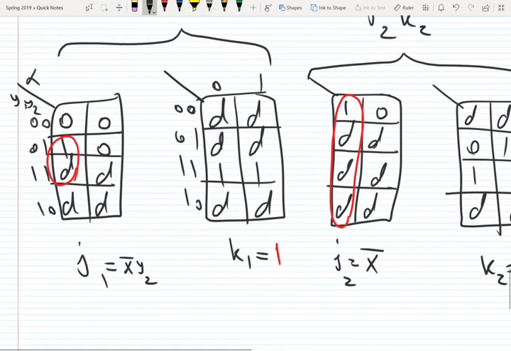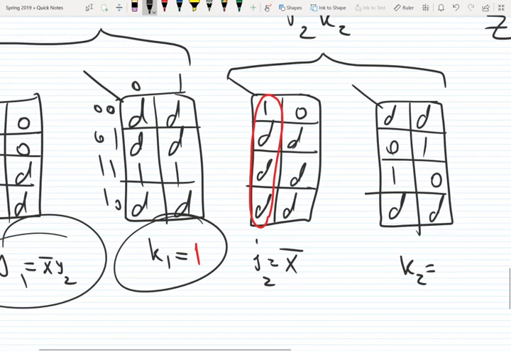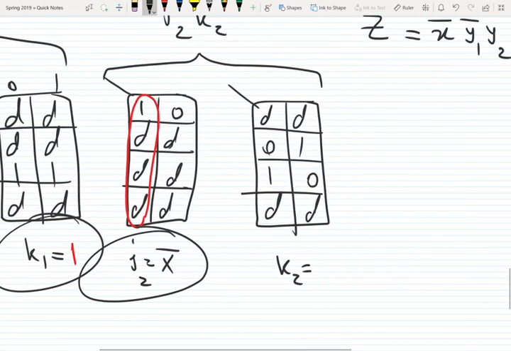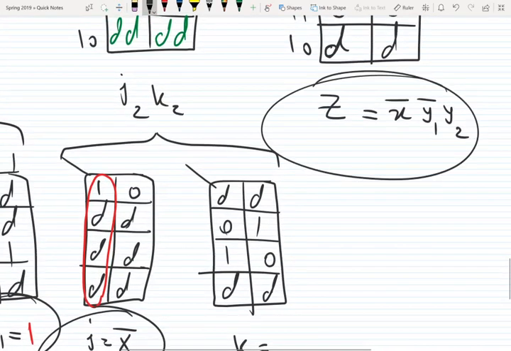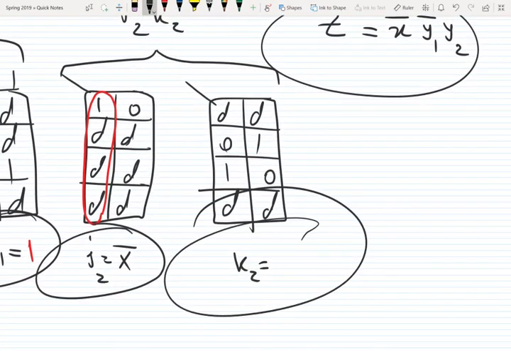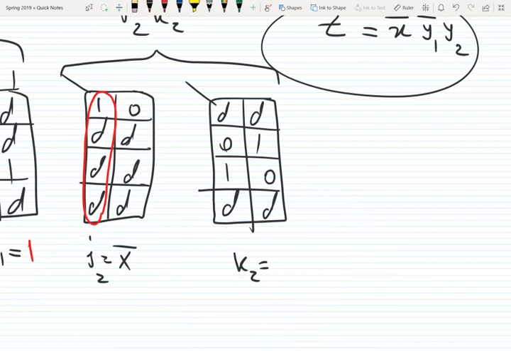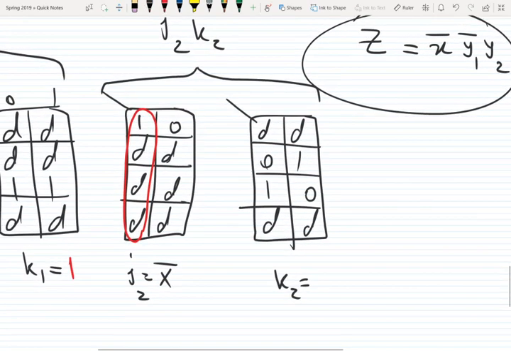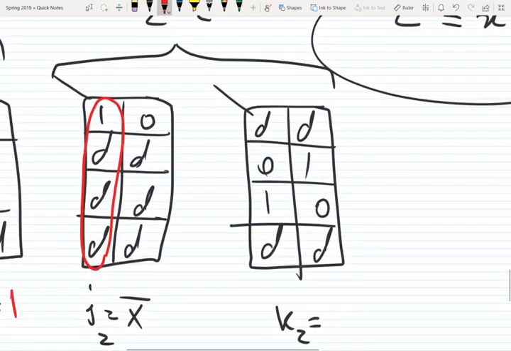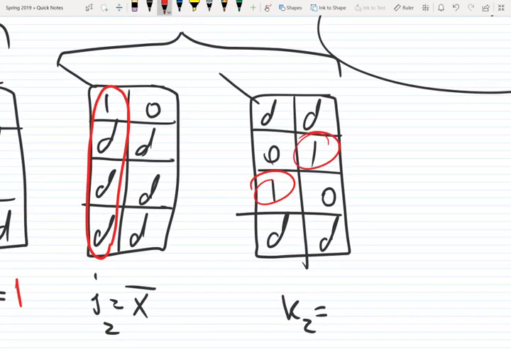So you see, we just found the equations J1, K1, J2, Z, and now we are going to find K2. So let's look here. This one cannot be grouped with this one. So the best thing is a group of two here and a group of two here.